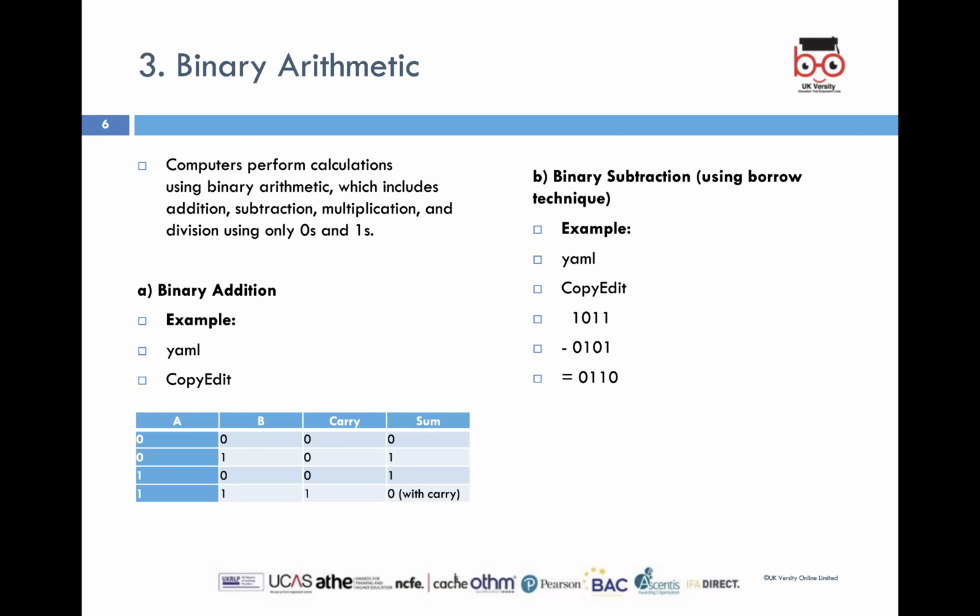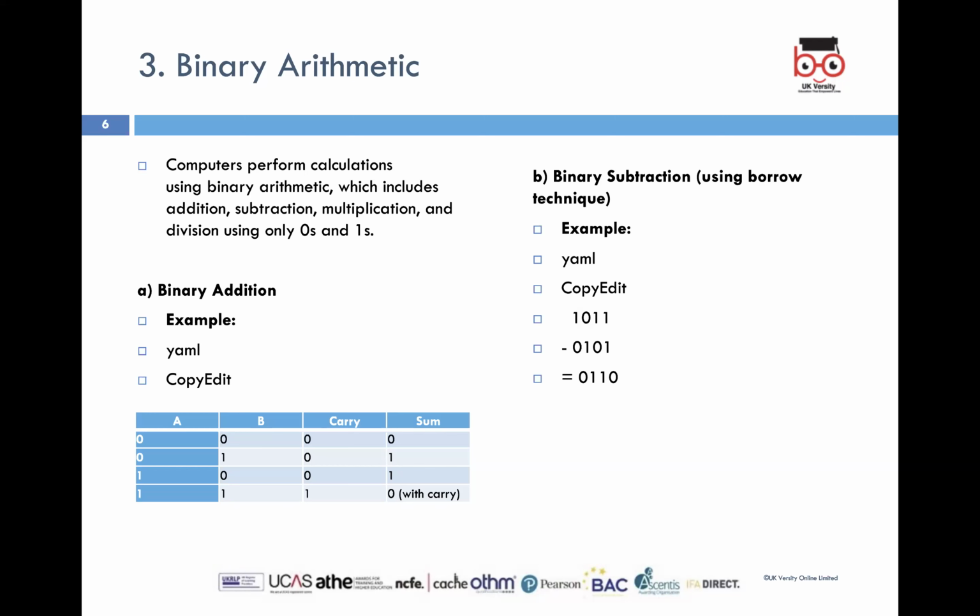For example, the table shown on binary addition: 0 and 0 carry 0, and the sum equals 0. 0 and 1 carry 0, sum equals 1. 1 and 0 carry 0, sum equals 1, and 1 and 1 carry 1, and sum equals 0 with carry.